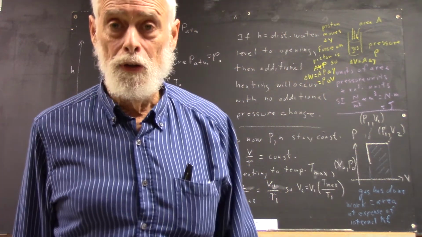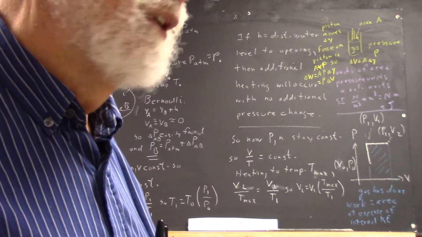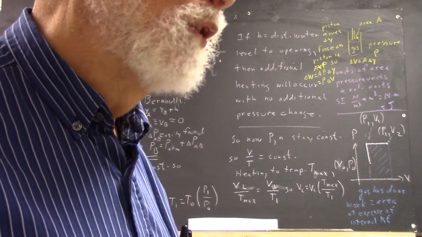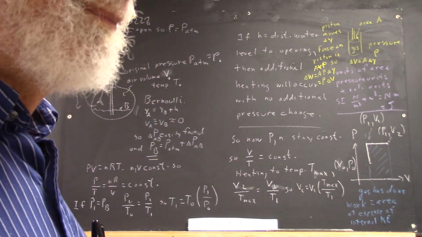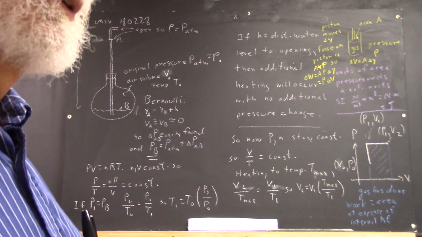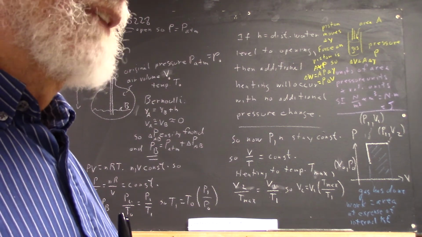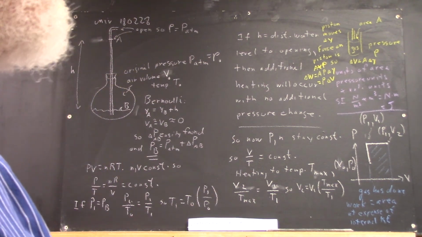Okay? So there might be something related to that idea on the test, but only with a fair amount of explanation. If you do these calculations and understand that little bit about pressure volume graphs, I'll explain the rest. I'll give you enough information. Okay?